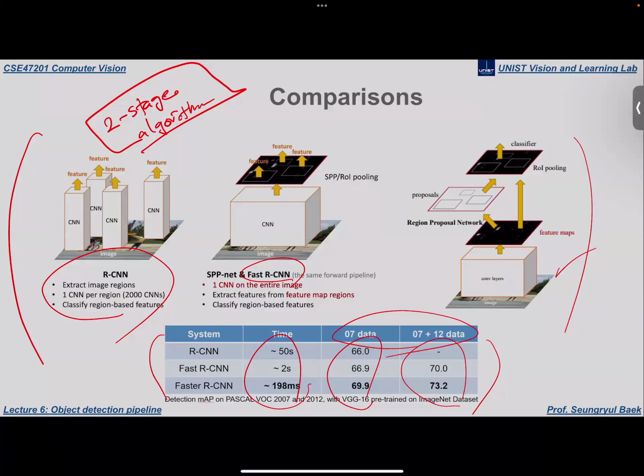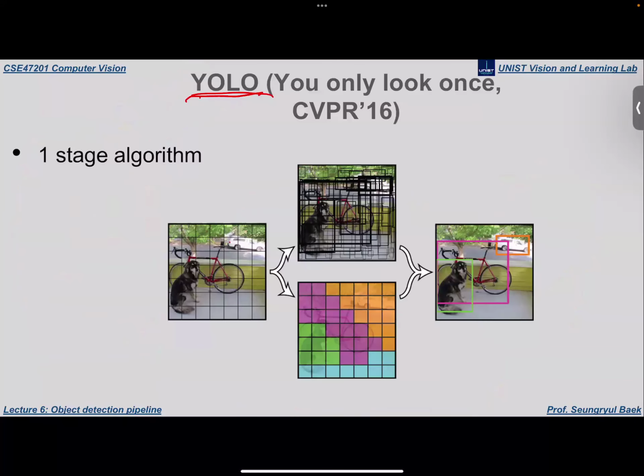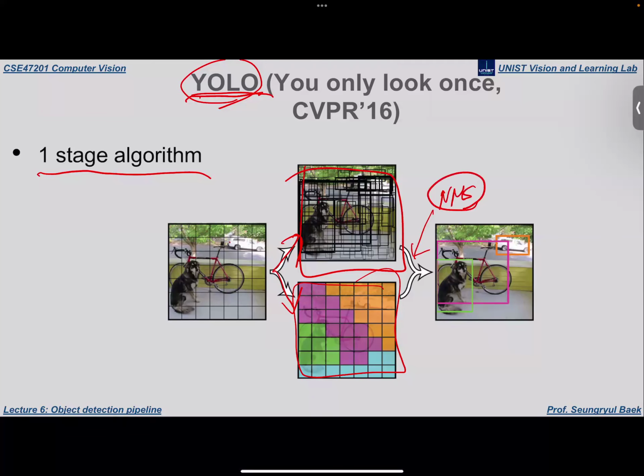This is how the object detection pipeline was constituted before YOLO. But YOLO insists that their algorithm is a one-stage algorithm, because they simultaneously detect bounding boxes and the class probability for local regions. And then they apply a post-processing algorithm called NMS.